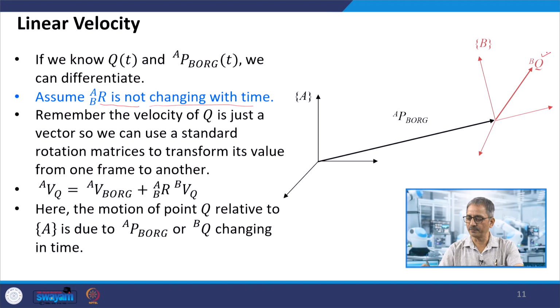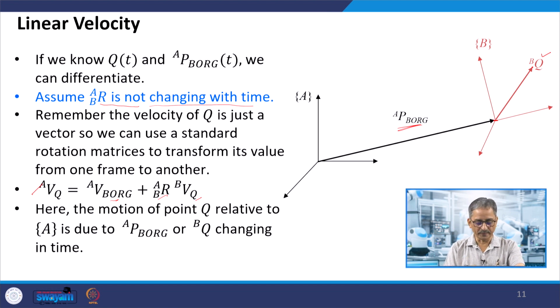So, you have this vector QB over here which defines the position, and the origin of B is defined by P B origin with respect to A. In this case the velocity of Q, defined with respect to frame A and expressed in terms of frame A, will be the velocity of the B origin with respect to frame A plus the velocity of QB and this R B to A.